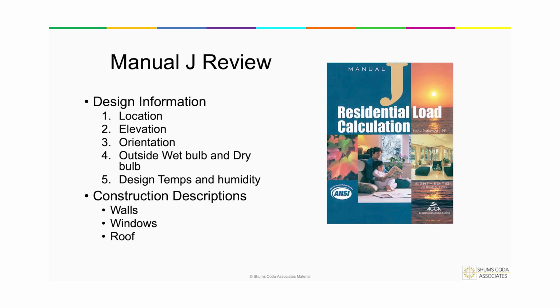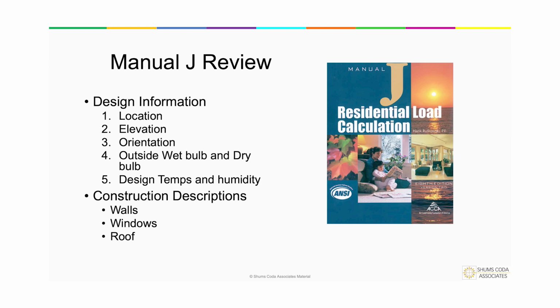So when we're reviewing for a Manual J, these are the things that really hit home for me, that I always ensure are correct, right? And it might seem obvious, but the location: I've had projects given to me where it's the incorrect location. Not that big of a deal, but it happens.